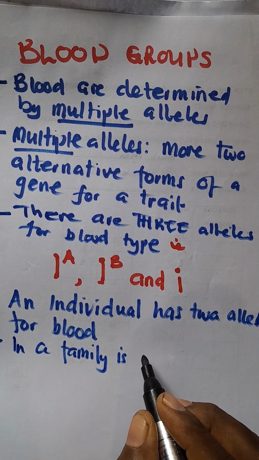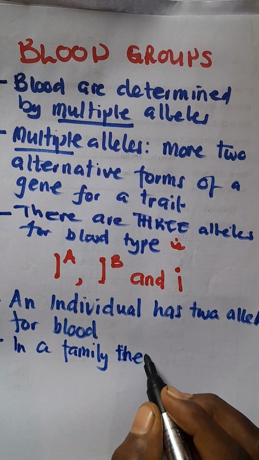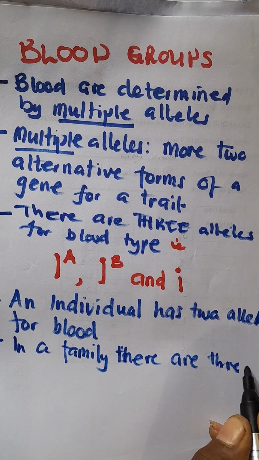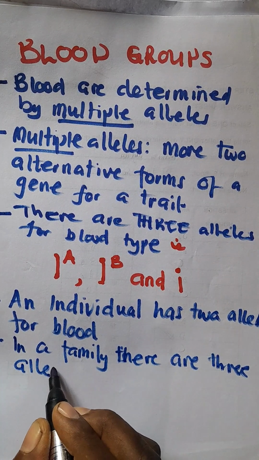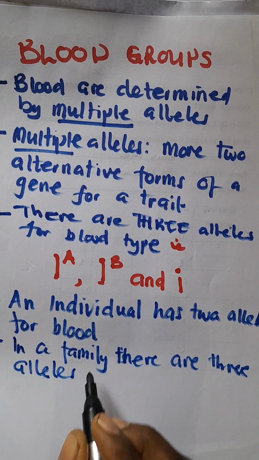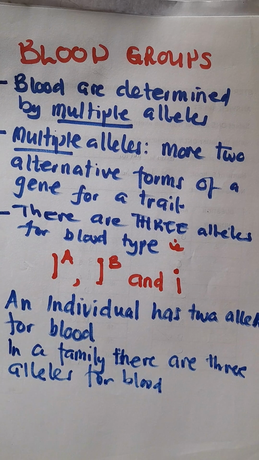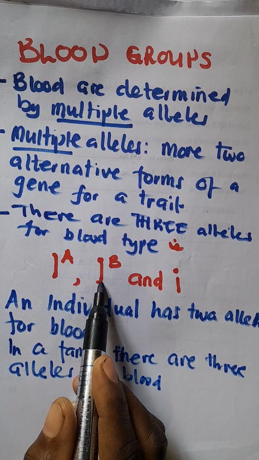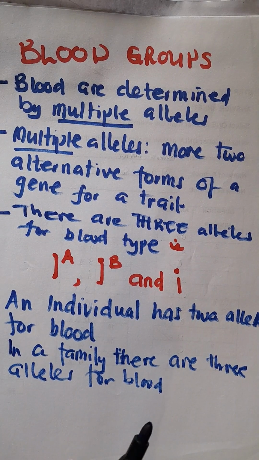A family is a community. So in a family there are three alleles for blood type. These are the alleles: you're going to have I^A, I^B, and I recessive. But an individual has two.